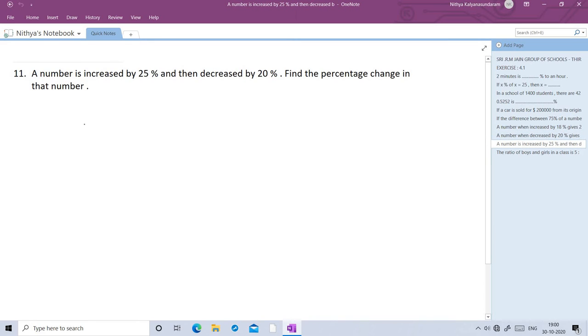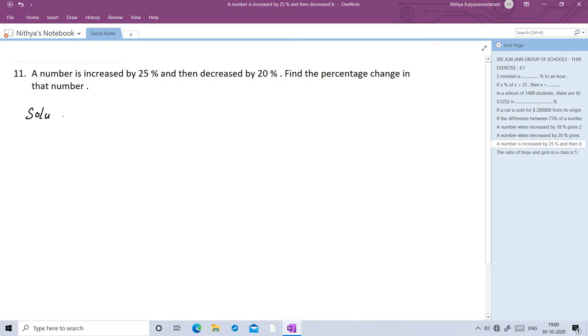Next question, a number is increased by 25% and then decreased by 20%. Find the percentage change in that number. So here we want to find the percentage change in that number. It's a percentage, so first let's assume that the number is 100.